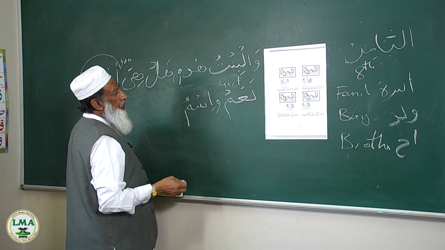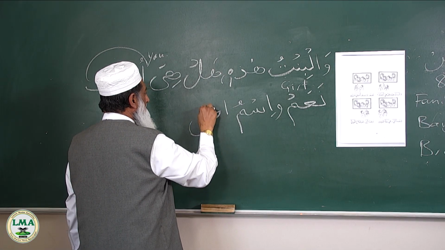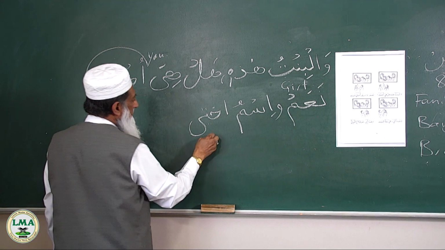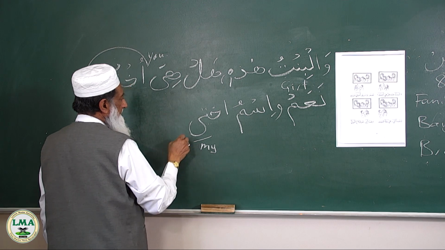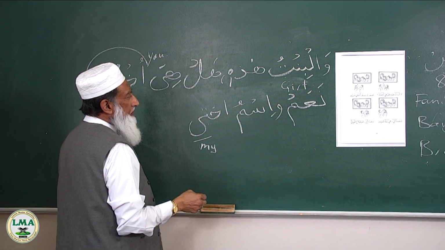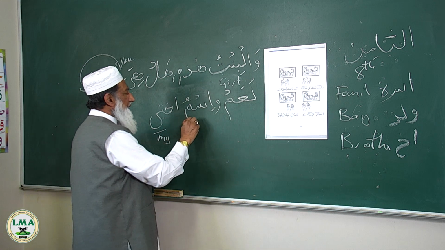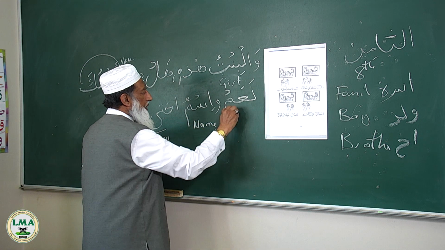Wa ismu. You're asking me about your sister, and here we got the ya, and that was my sister. Ismu, Bismillahir Rahmanir Rahim, you always read that. Ism means name. We did that before also somewhere, but just to refresh it.